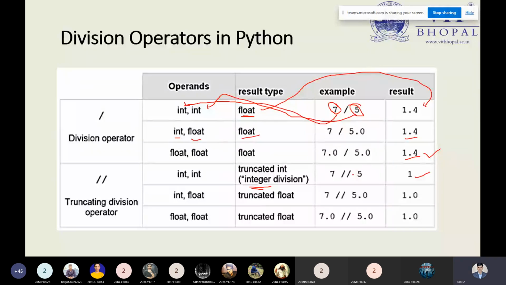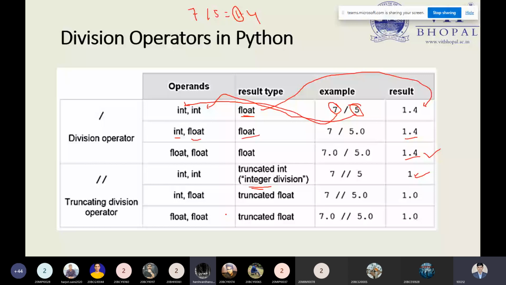If I divide 7 by 5, the answer will be 1.4, but it takes only the integer part, so that will be the 1. Now is it clear to all?